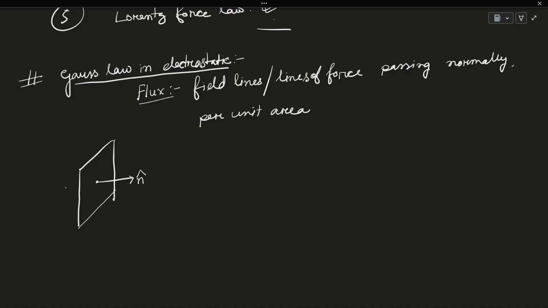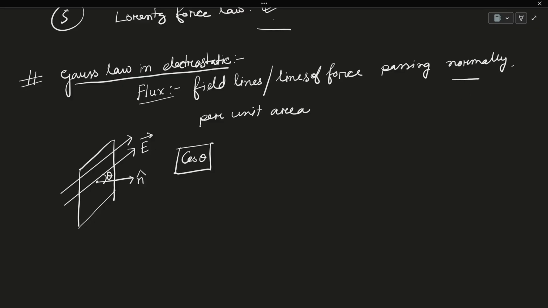And if these are the electric field lines, making an angle theta with n cap, let me write the field as capital E vector. Then we have to take the cos theta component, because the electric field lines which we consider for flux must pass through the surface area normally.